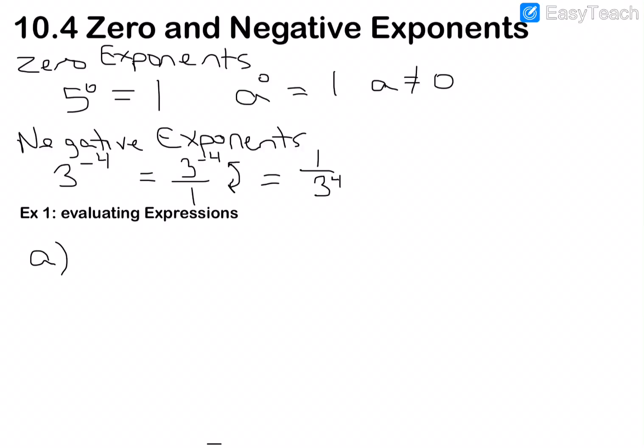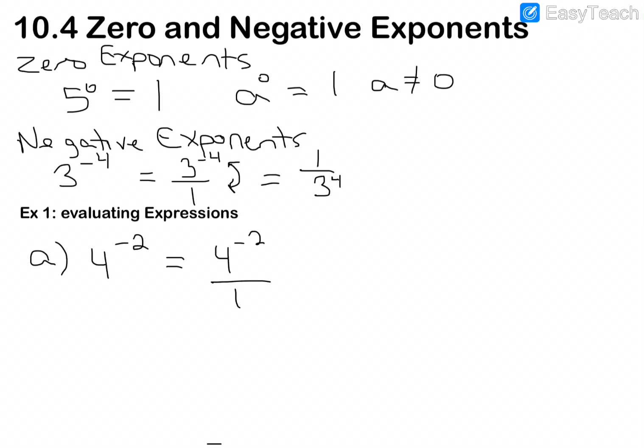Alright, so let's do 4 to the power of negative 2. So I want to evaluate this expression. And if you remember, evaluate means you're actually solving. So 4 to the power of negative 2 is going to be the same thing as 4 over 1 to the power of negative 2.